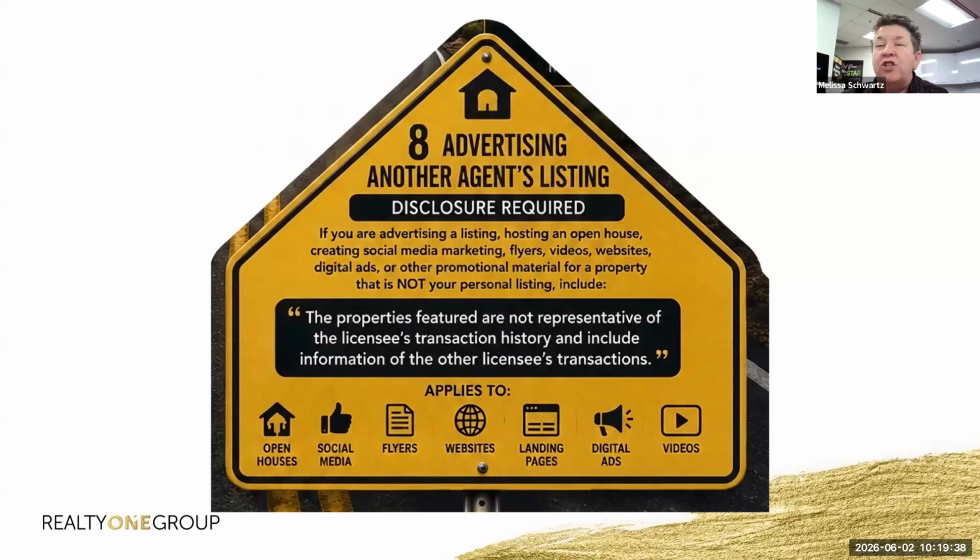If you are sending a just sold postcard, and you have your name all prominent, you have Realty One Group all prominent, and you have 10 listings that have just sold in the neighborhood, first of all, I hope you are all aware you now must be listing courtesy of Melissa Schwartz Realty One Group, even if you're with Realty One Group.